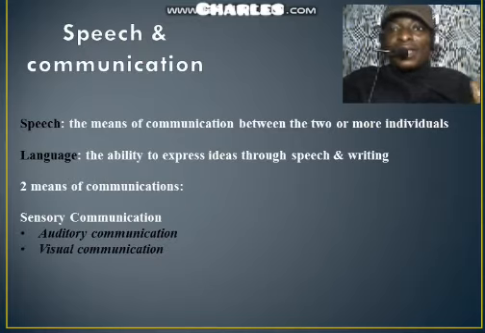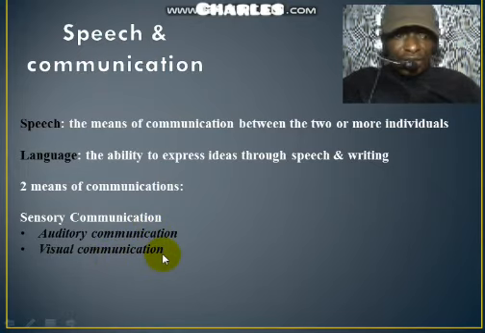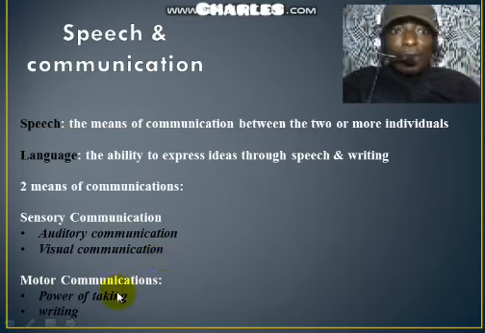Good. Now, there are two means of communication. Okay. The first one is sensory communication. Under sensory communication, we have auditory communication and visual communication. The other one is known as motor communication. Under motor communication, we have the power of talking and writing. Okay.